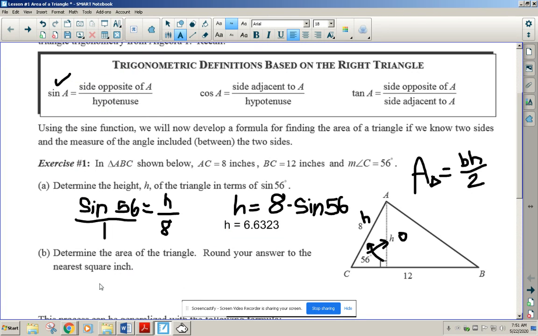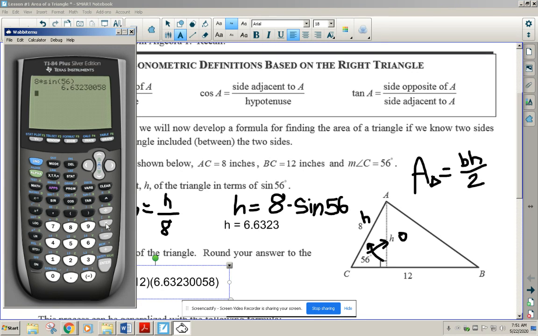So if you're going to do the area now, which is your base of 12 and your height now of 6.63230058. I'll just put the whole thing that the calculator had said. Get an answer to this. So let's do that.